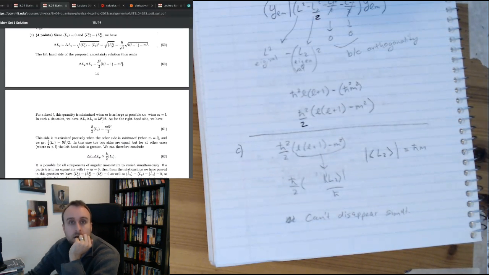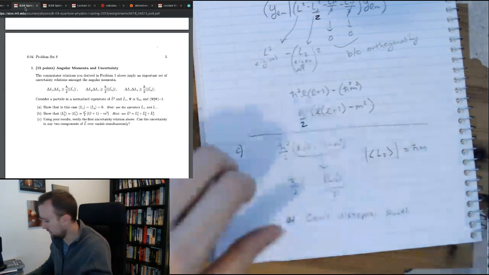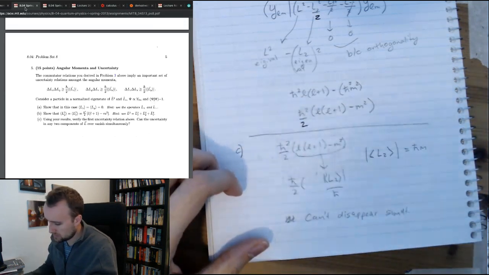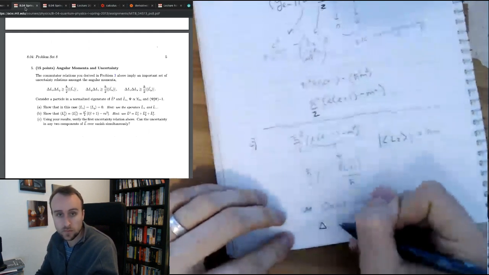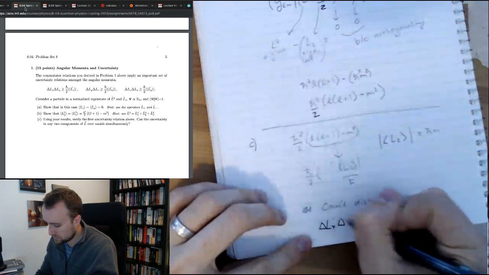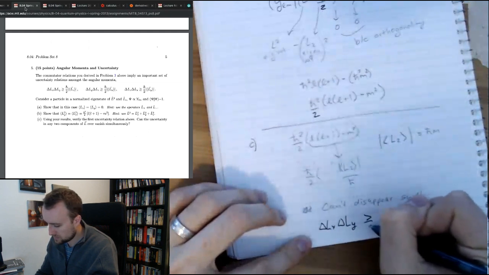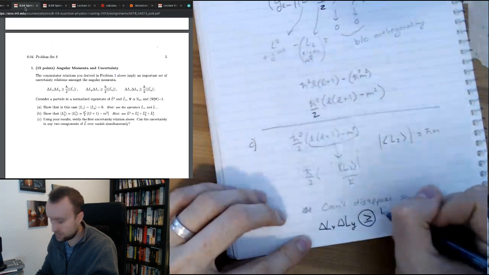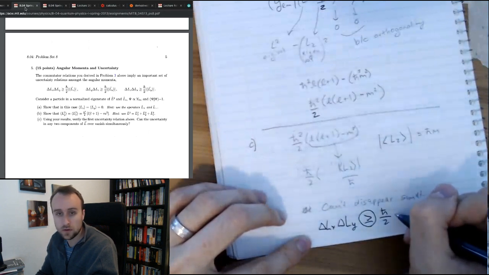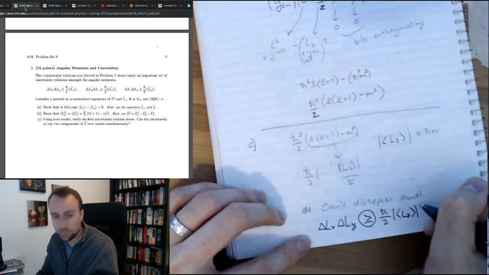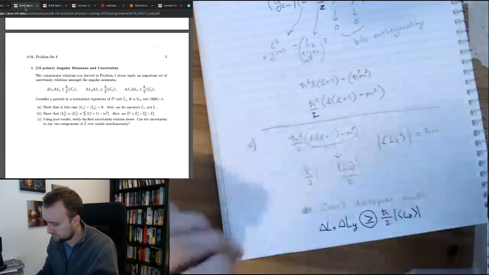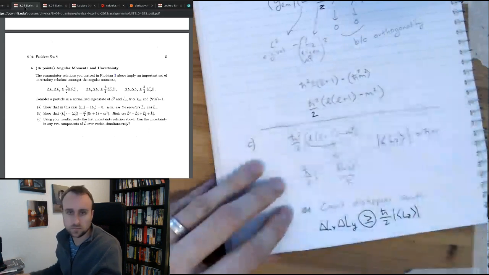These are just, oh, okay. Hold on a sec. Greater than h bar over 2. Okay. So that is problem set 8.